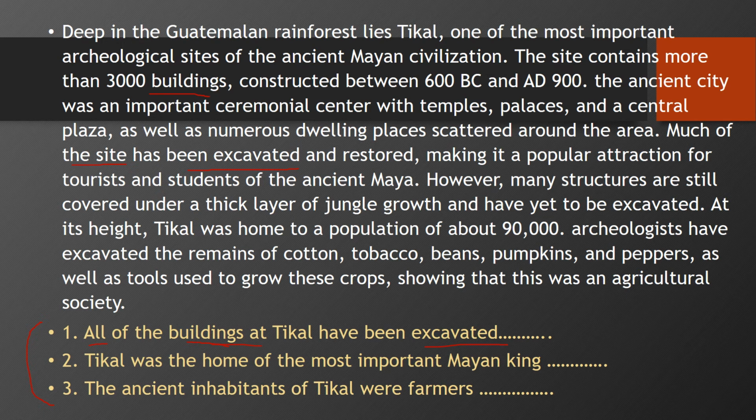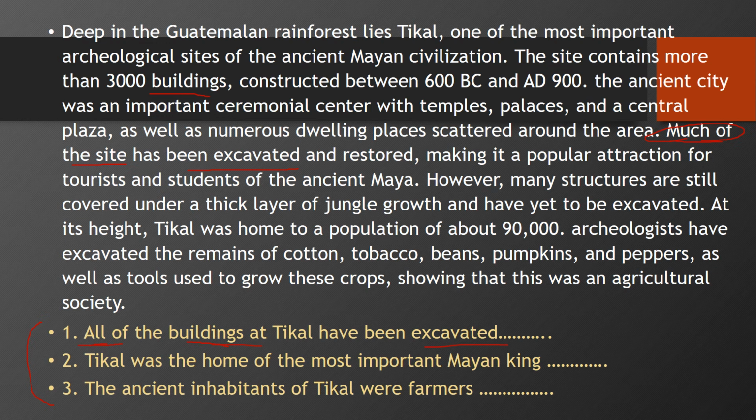Okay, now here is the statement, right? Now they want to test me, they want to test the modifier all. All of the buildings have been excavated. Here they said much of the site. That means a lot of them, right?